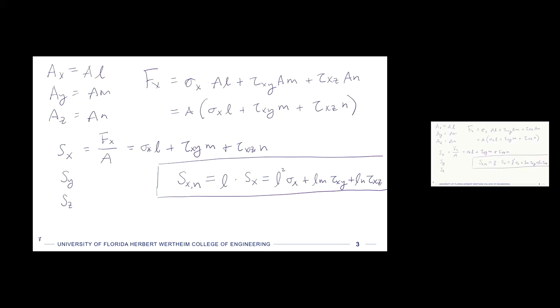Okay? And we can write that now for each of the other components as well. And then if we add all those up, that's our direction of stress coming directly out from that cut plane. So that's what we're going toward.